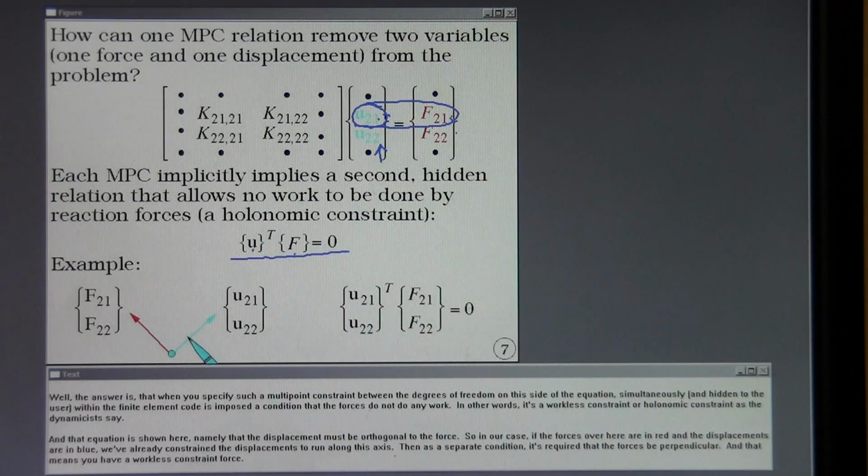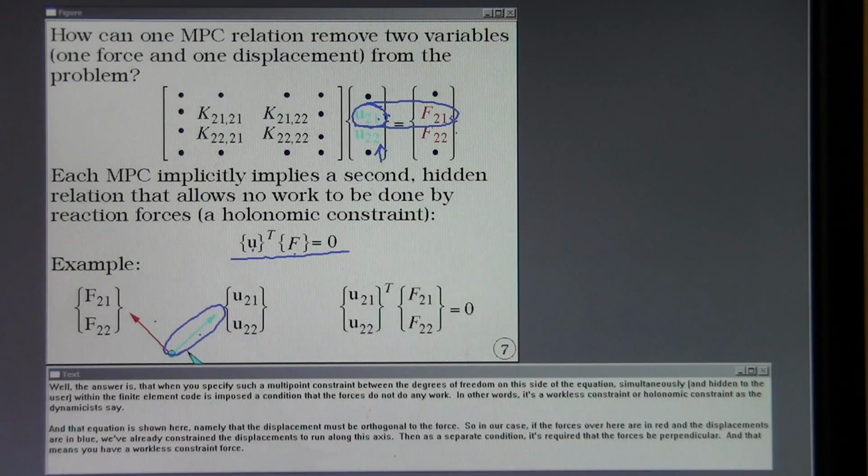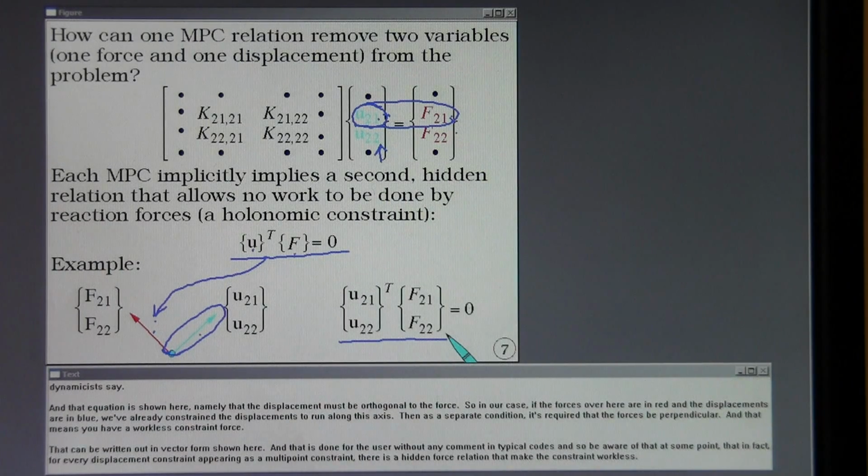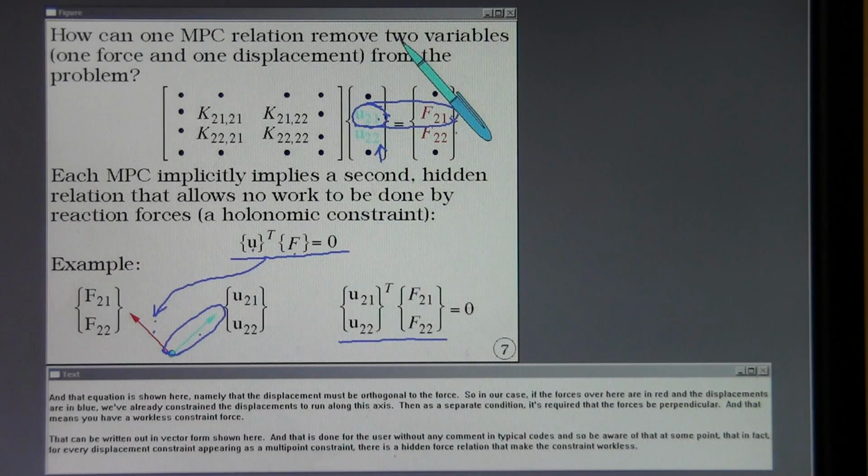So in our case, if the forces over here are in red and the displacements are in blue, we've already constrained the displacements to run along this axis. Then, as a separate condition, it's required that the forces be perpendicular. And that means you have a workless constraint force. That can be written out in vector form shown here. And that is done for the user without any comment in typical codes. And so be aware of that at some point, that in fact for every displacement constraint appearing as a multipoint constraint, there is a hidden force relation that makes the constraint workless.